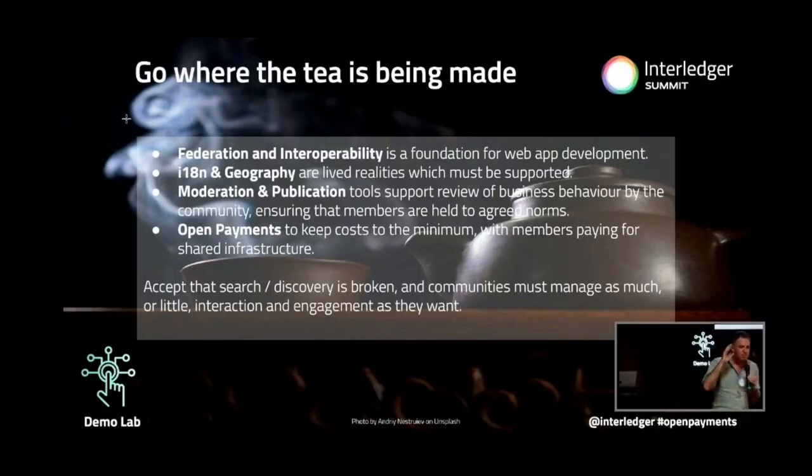Moderation must be core to the interface, must be core to the experience. If I report, if I don't like, if I feel that it's hostile, I should be able to block, and I never want to see it again. Open payments to keep the costs as low as possible.